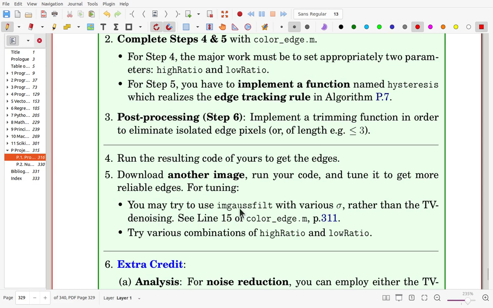So you can flexibly use image blur operations. Try various combinations of high ratio and low ratio, and I believe you have to set this ratio depending on images. There's no universal rule for setting these two ratios. They must be set depending on the given image.